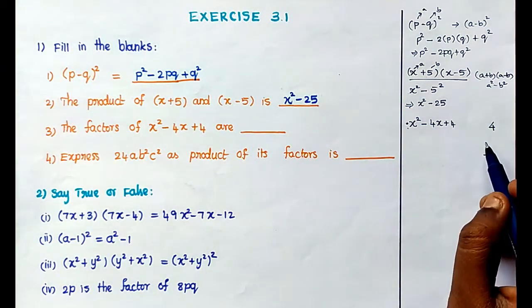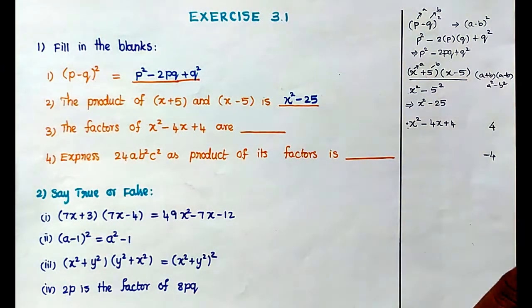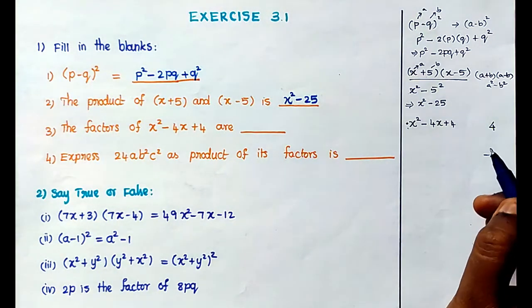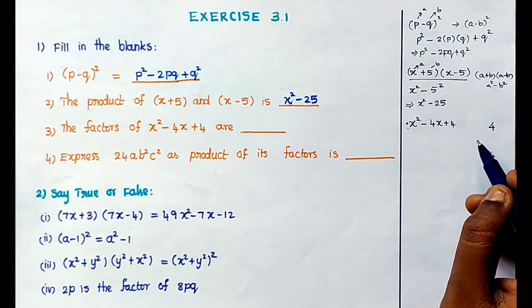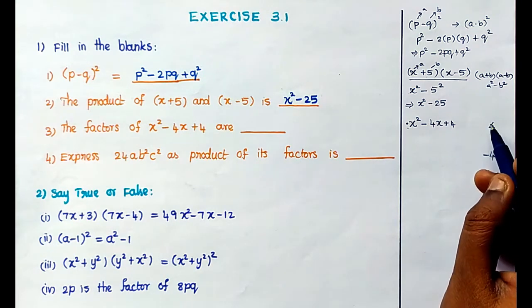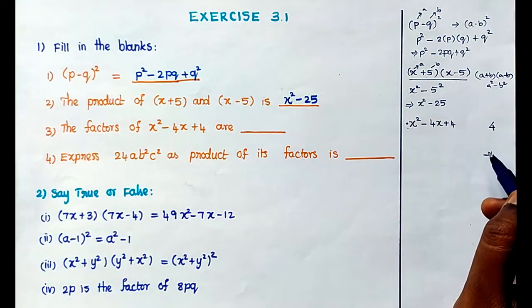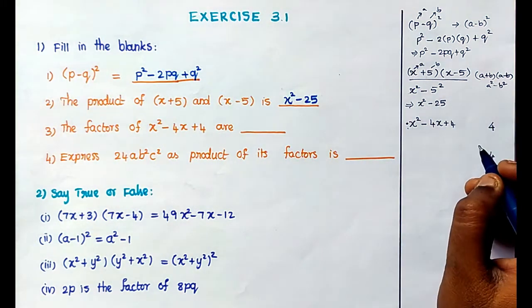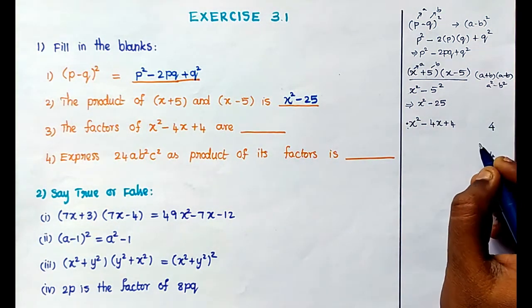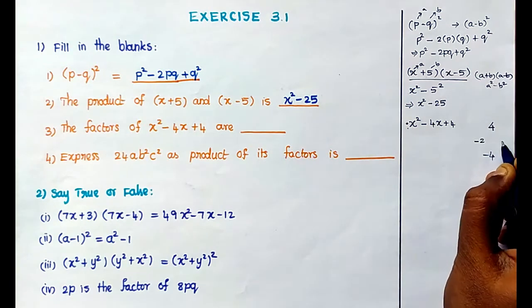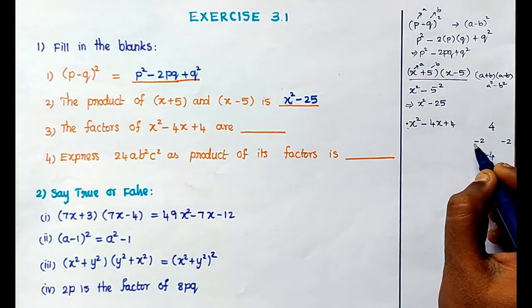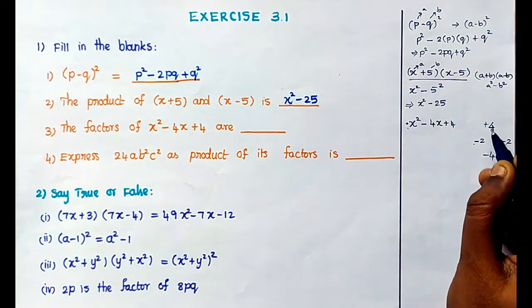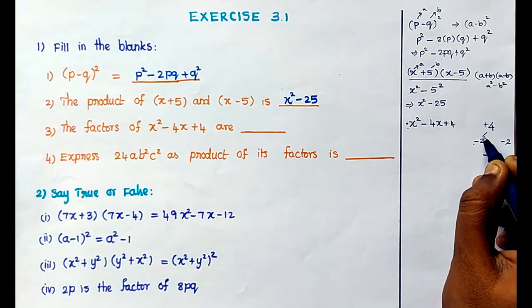Listen, here we have to guess two numbers that when we multiply, we get this product, and when we add, we get this sum. What are the two numbers? That is minus 2 and minus 2. A minus into minus gives plus, 2 twos are 4.